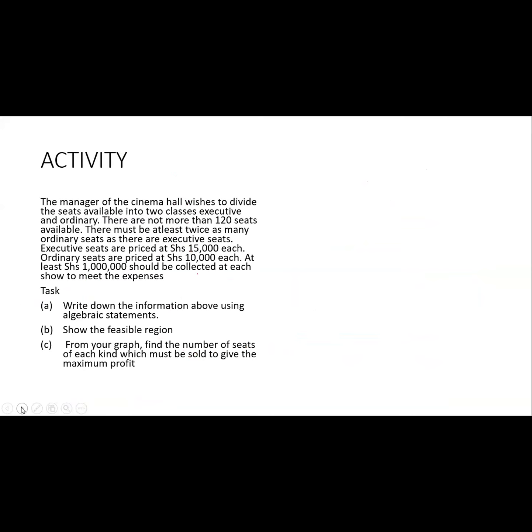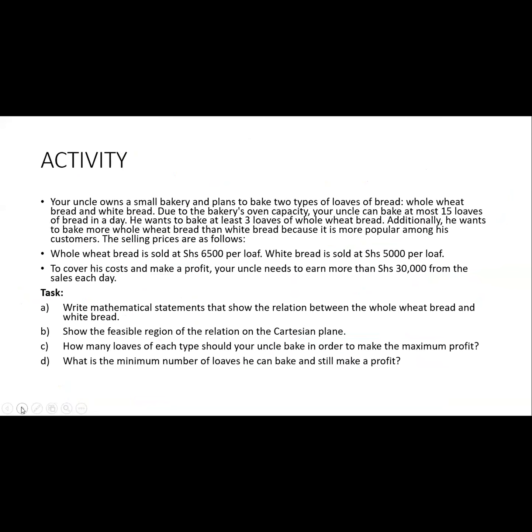More so, I want you to try out numbers where they had 3 parts, A, B, C. If it is this number, try it out. Just try out any number of your choice, as long as the number is complete.